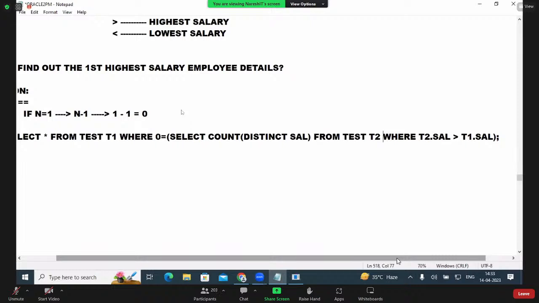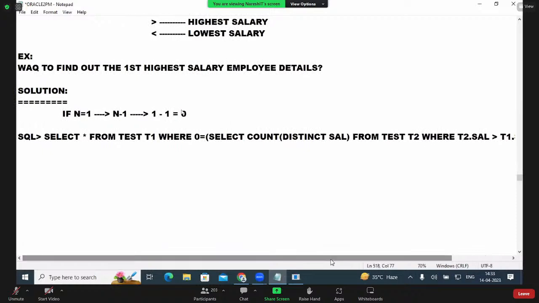Okay, right. But this output and query execution, how will it work internally? Okay, now let me come out.